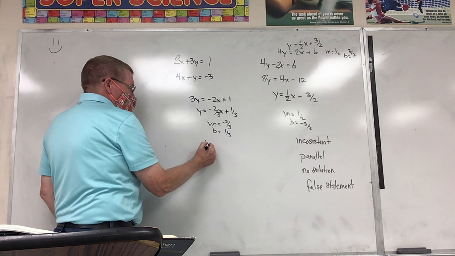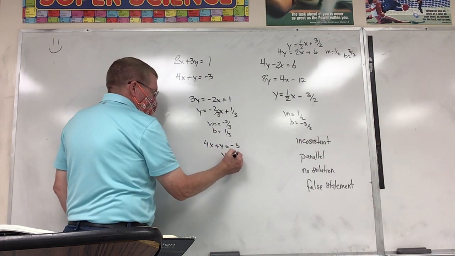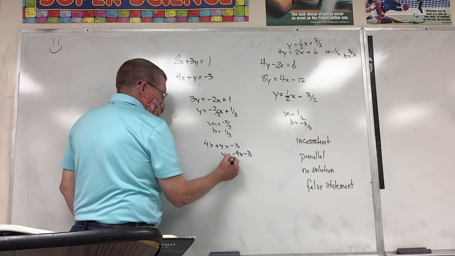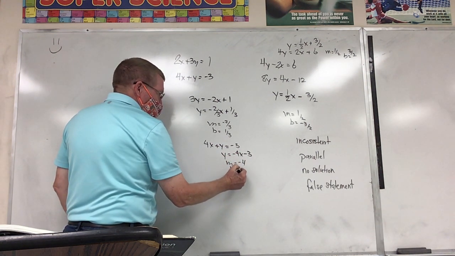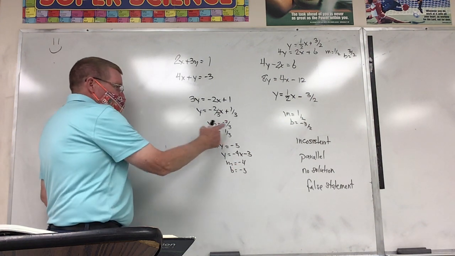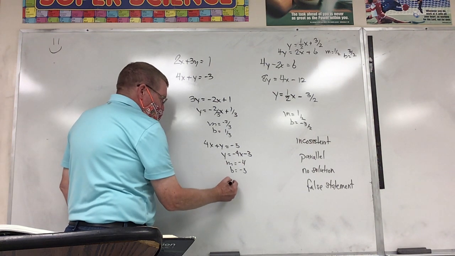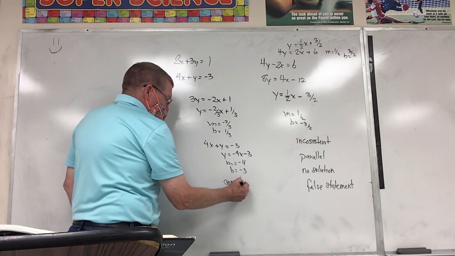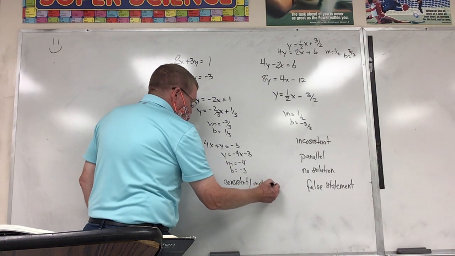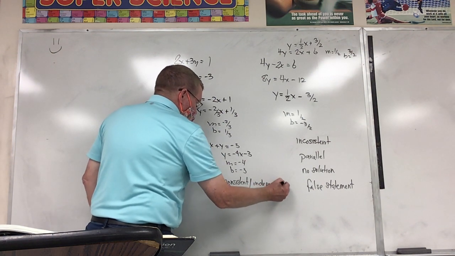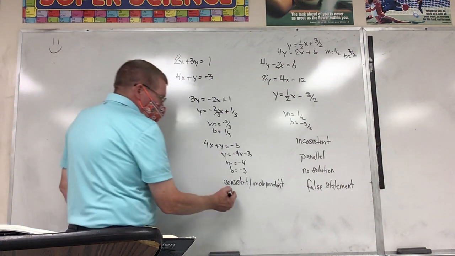Same thing here. 4x plus y equals negative 3. y equals negative 4x minus 3. Slope, negative 4, y-intercept, negative 3. But notice my slopes are not the same, so I have a consistent independent system. What does that mean?